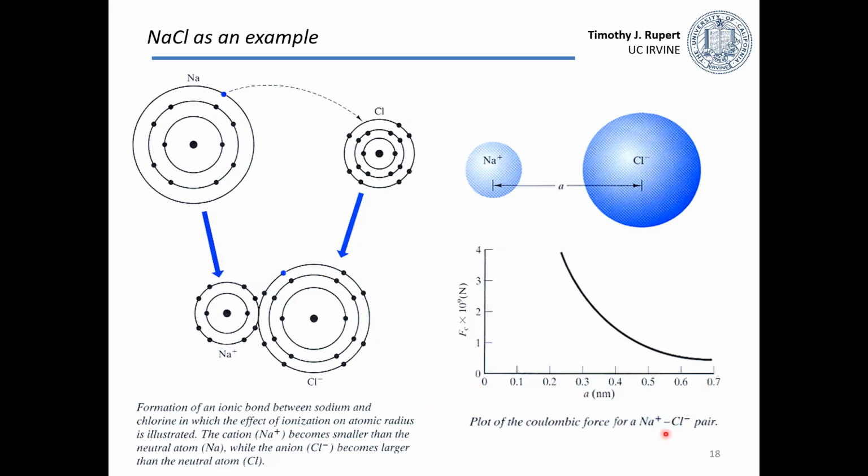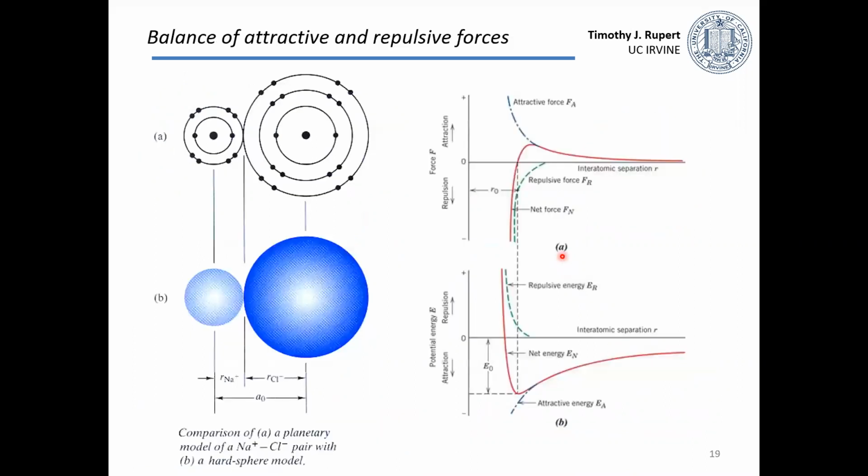That's what describes this type of reaction. And this would show that the force pulling these two atoms together gets higher as the atoms get closer. As the spacing between them gets smaller, that force is going to get higher and higher and pull them together.